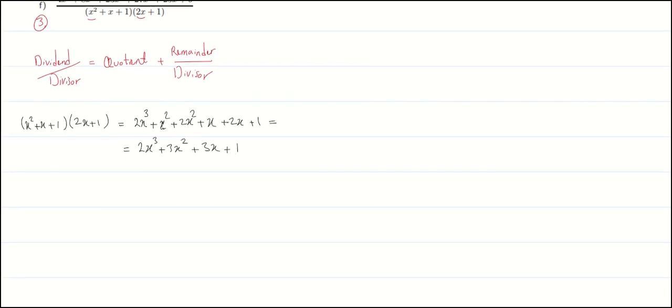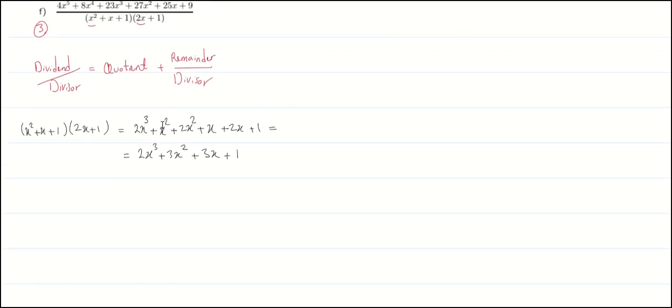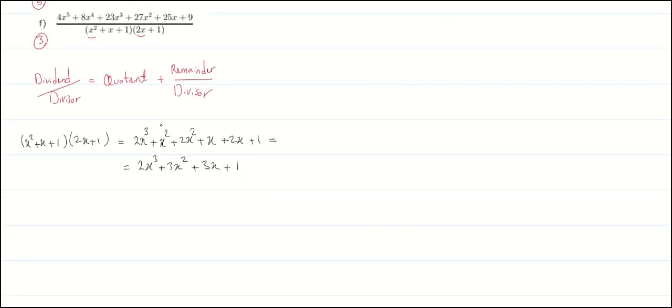Now if we take the division, the expression on the top would be written in here. We have 4x to the power of 5 plus 8x to the power of 4 plus 23x to the power of 3 plus 27x squared plus 25x plus 9.